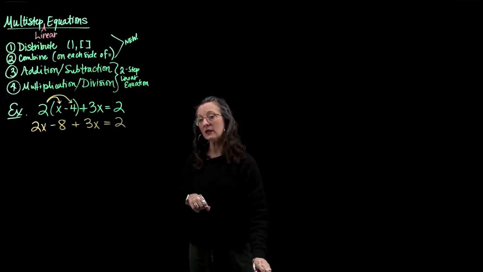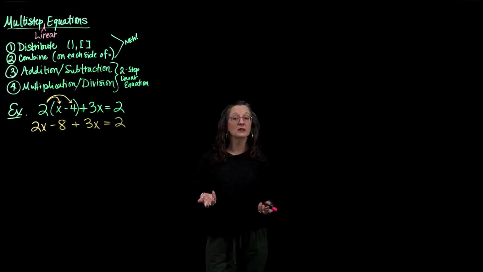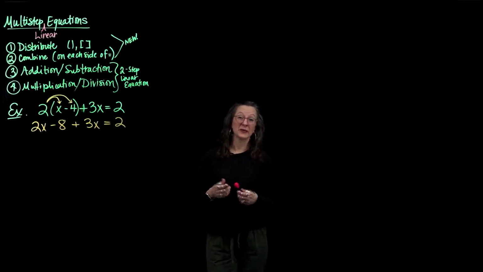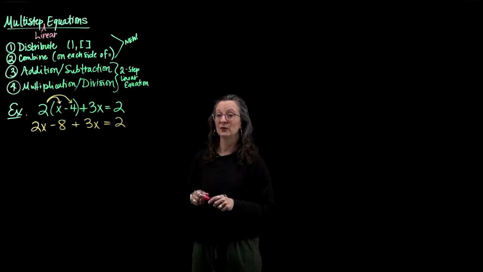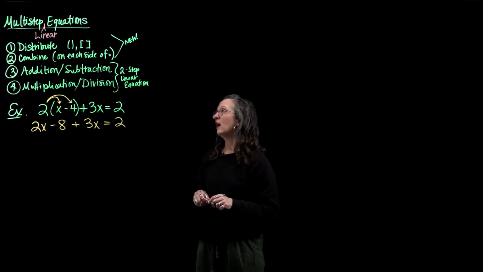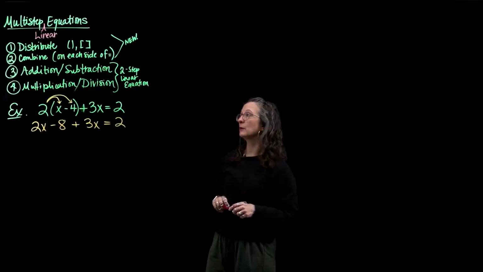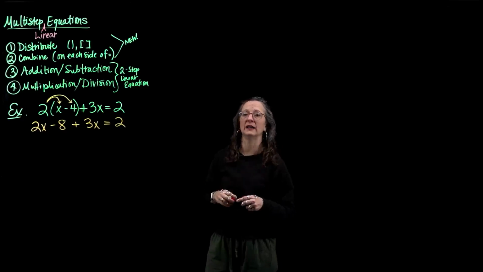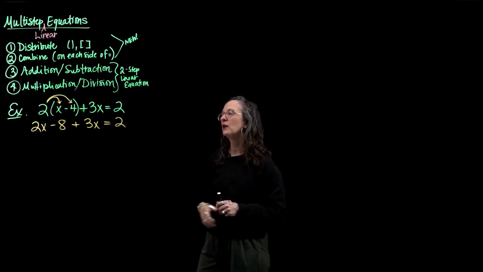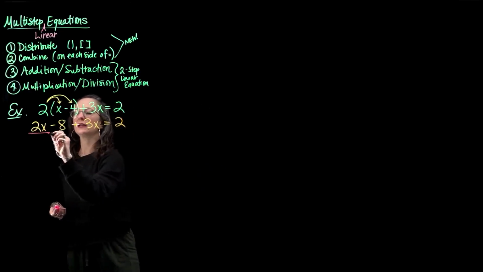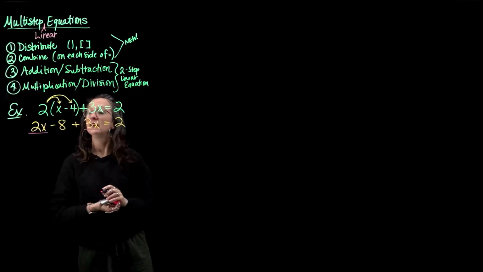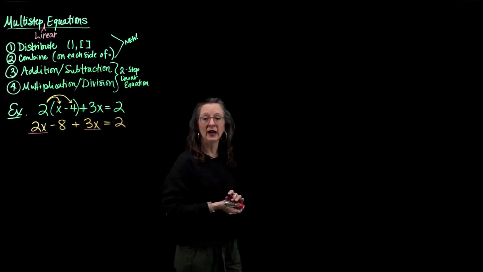It's important to not skip steps on these types of problems because that's where we lose a term or a sign, and it's hard to get a right answer once you lose part of the question. All right, look back at step number 2, combine like terms on each side of the equal sign. If I look at the left side of the equal sign, I have some like terms I can combine. It's the 2x and the 3x.